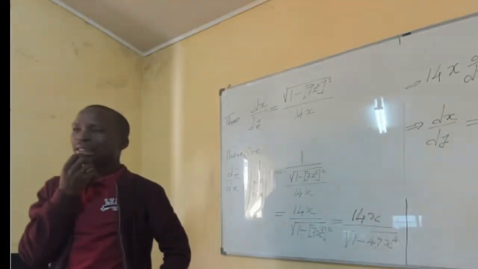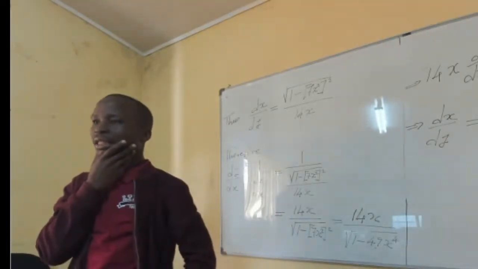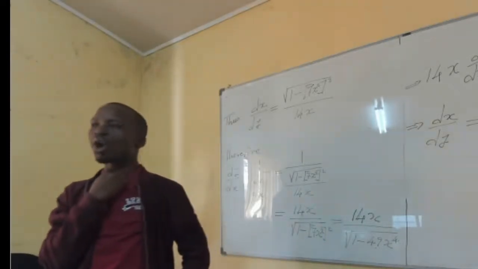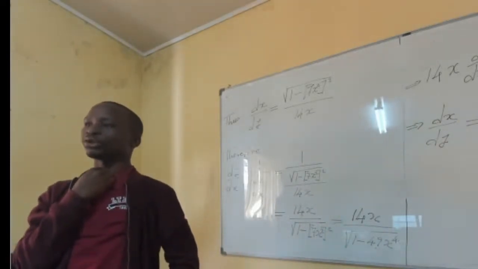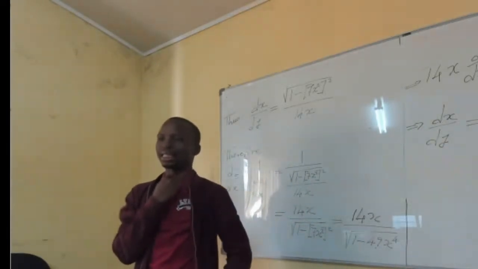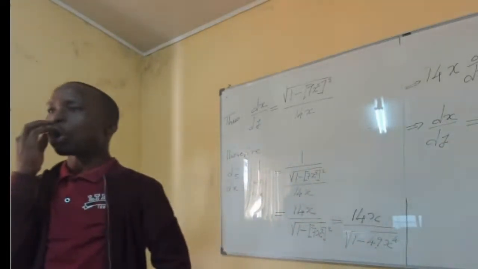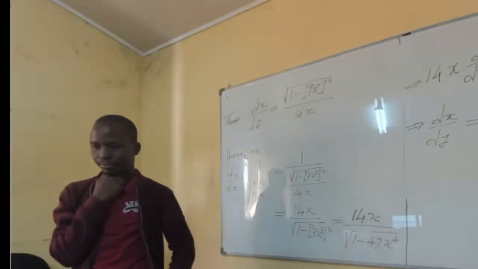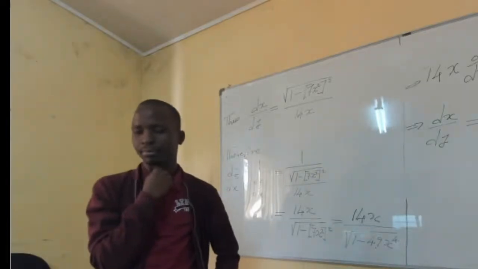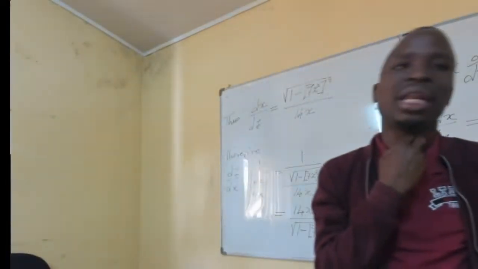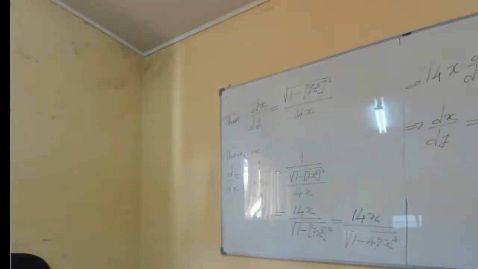The other one is, we are being taught, show that if y is equal to cos inverse of x, then the derivative of y with respect to x is equal to negative 1 over the square root of 1 minus x squared. This is what example number 44 is trying to tell us.